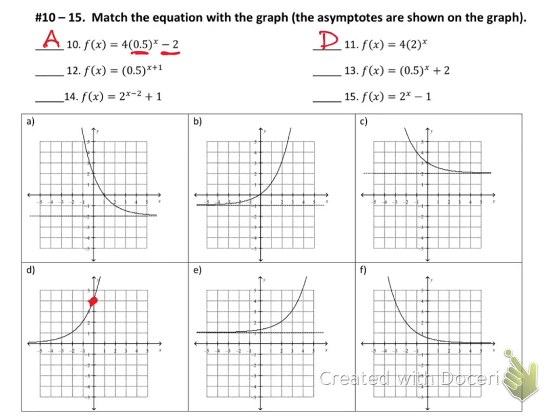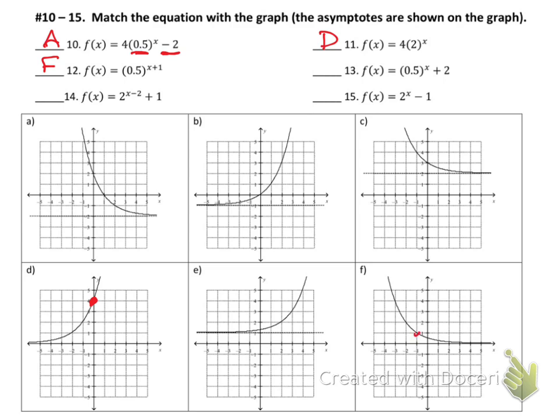All right, 12. Okay, give me the clues on 12. It's decay and it's left 1, right? So, what would that be? F. Good.